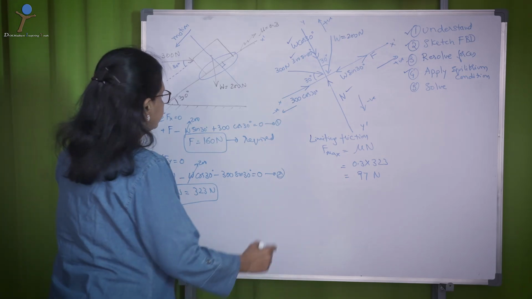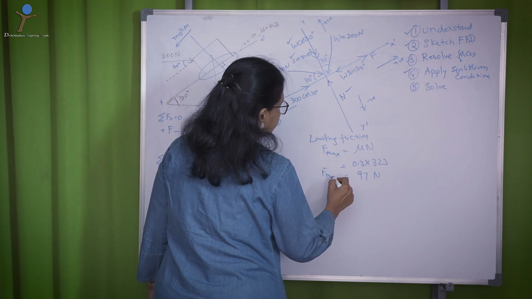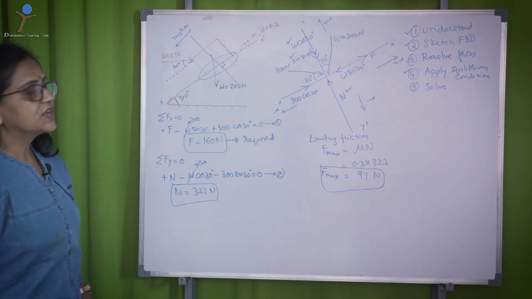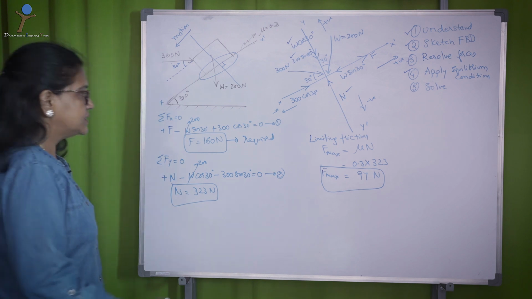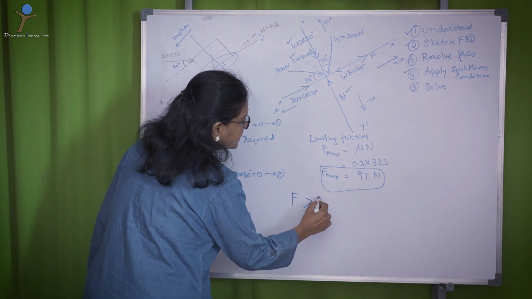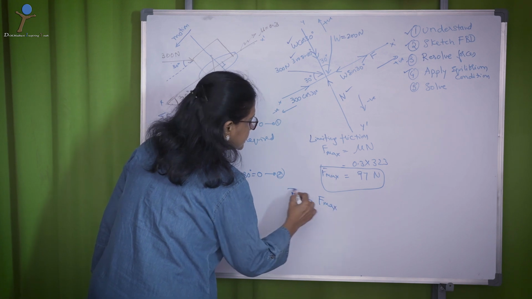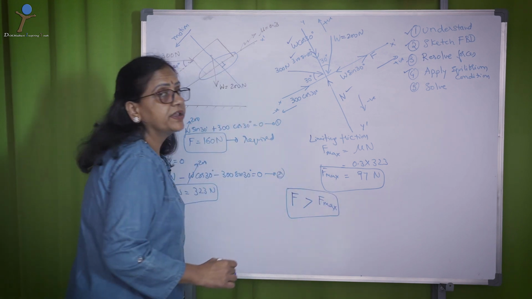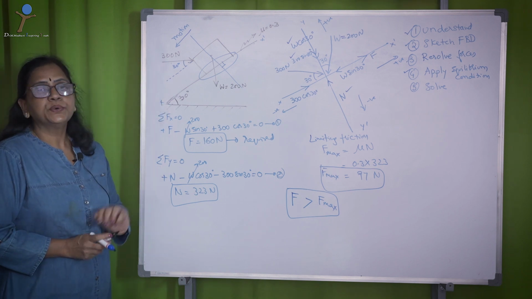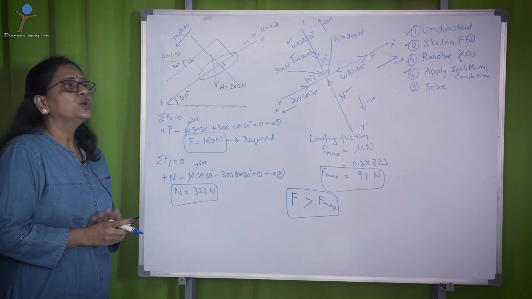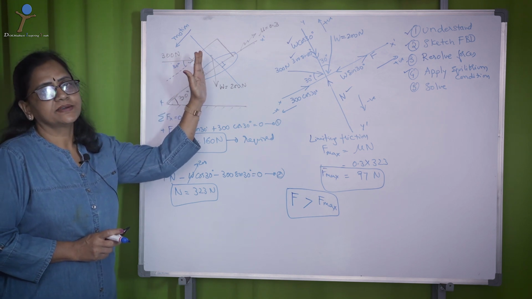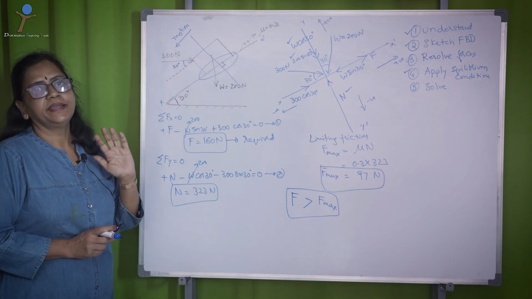So, here the maximum limiting friction is 97 Newtons, whereas the required one is 160 Newtons. So, F required is greater than F max. That means the body will slide, and the 300 Newton is not adequate to balance the body on the inclined surface without sliding down.